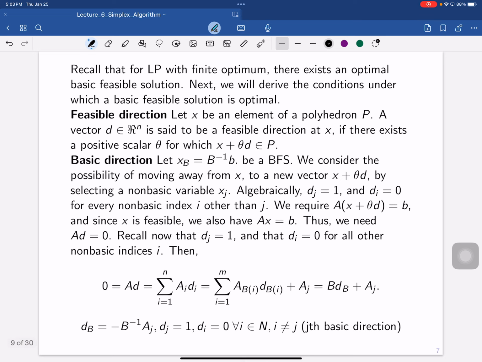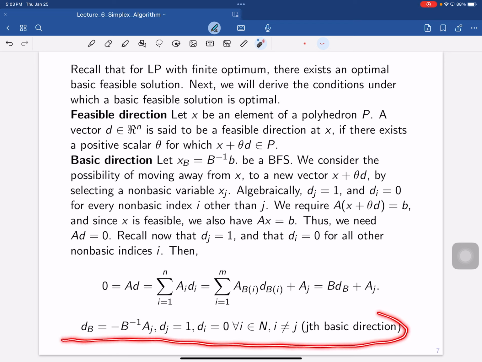Okay, if you buy this, then this is a summary of what we did. If you want to change one of the non-basic variables to 1 and all the others remain at 0, then we have to change the basic variables by minus B inverse Aj. This is called the jth basic direction, right?